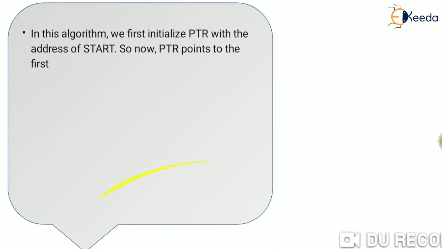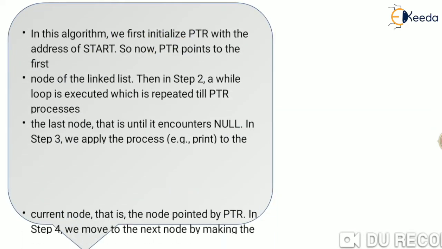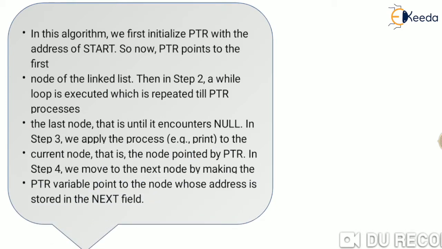Now this is the simple explanation of the previous algorithm that we have seen. I will just read all the steps one by one; you just concentrate. In this algorithm, we first initialize the ptr with the address of start.